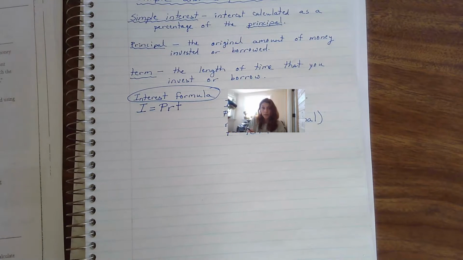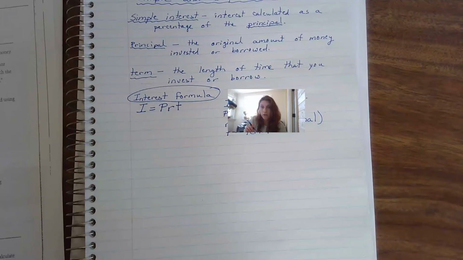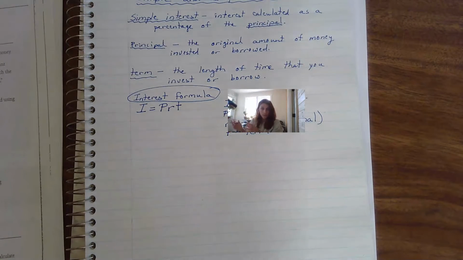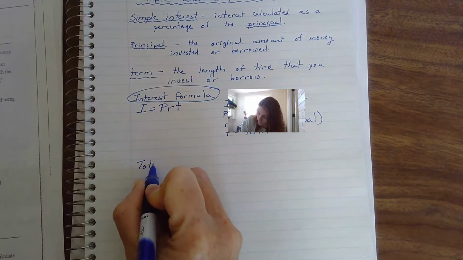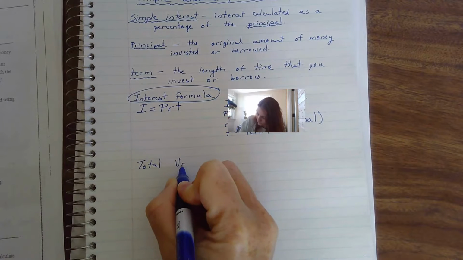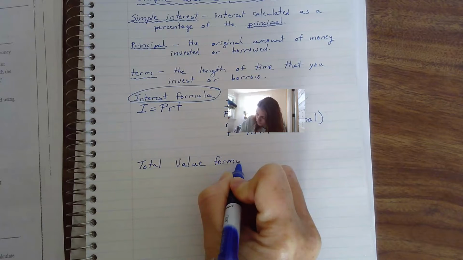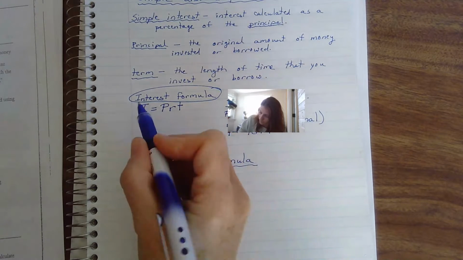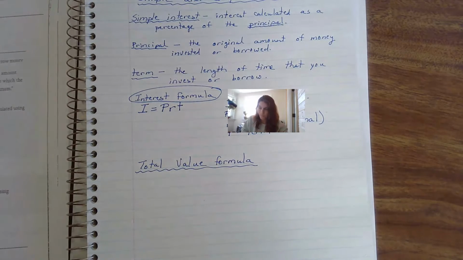Now, another formula that you need to know, the total value. Okay? So if you're figuring out, I've invested all this money, what is it going to be worth at the end? Okay, total value formula. Now remember, both of these formulas are going to be only for simple interest.